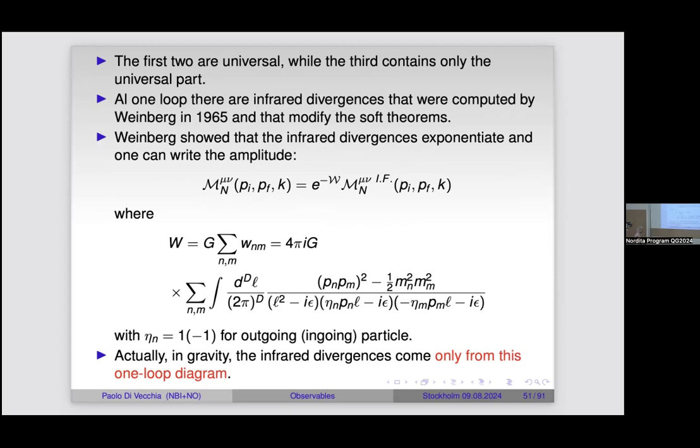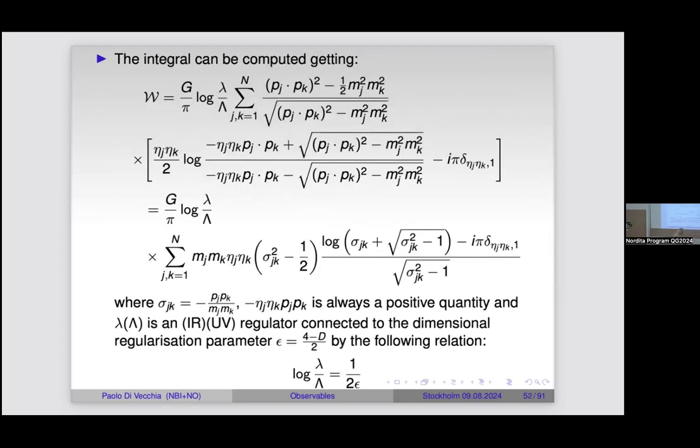And this is the only source of infrared divergence that appears at any loop level. So this integral can be computed, and that's what you get, and you can rewrite it in this simpler form, introducing the sigma. And you have here an ultraviolet and infrared regulator, and these are connected to the dimensional regularization by this formula.